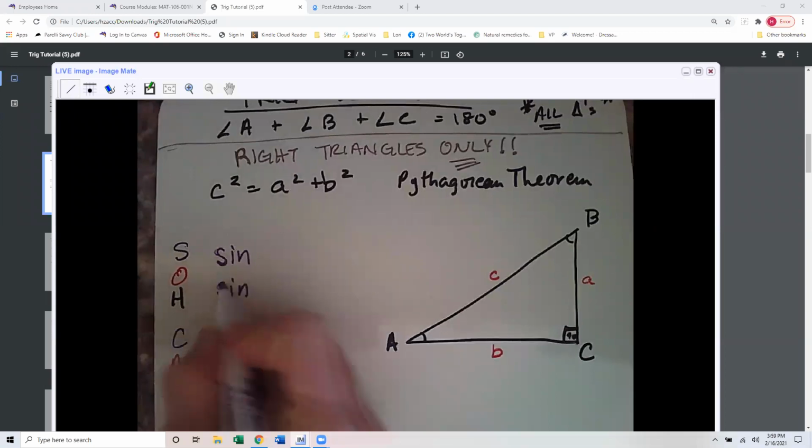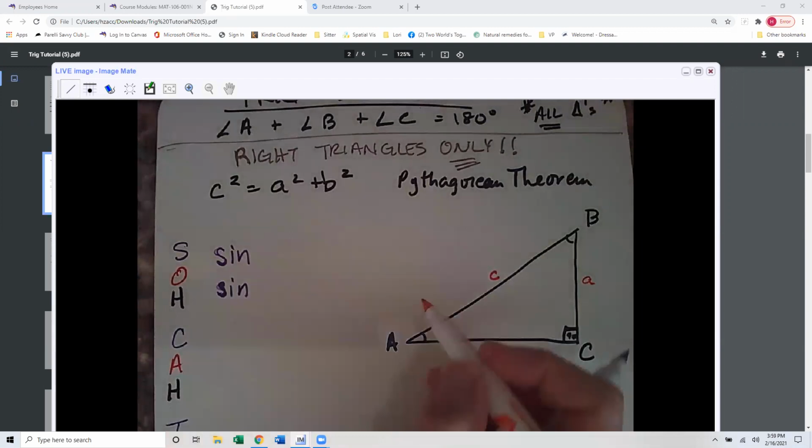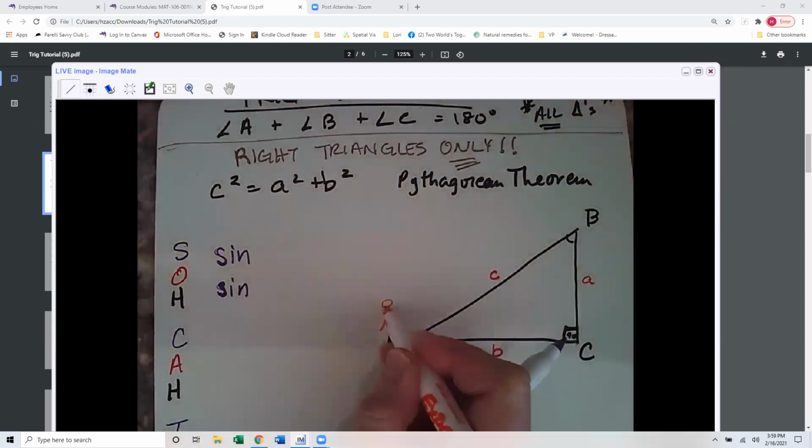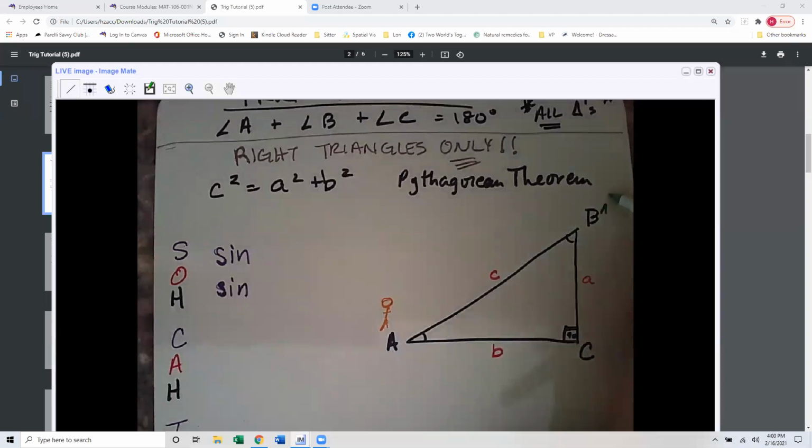What I mean by that is we have to label where we're looking from. So I'm going to put a little stick figure person here at A, and a different little stick figure person here at B. Let me find a different color. So B is going to be green and A is orange.